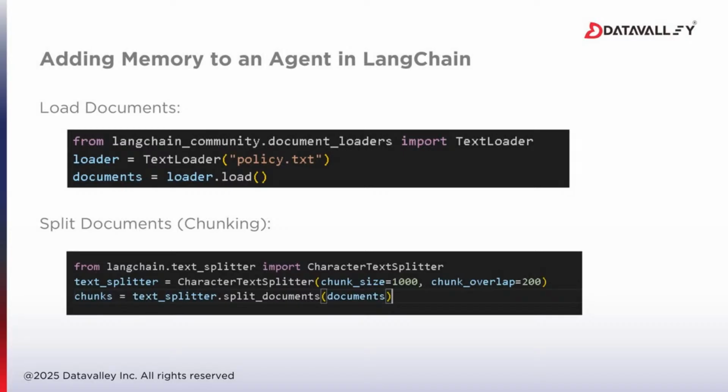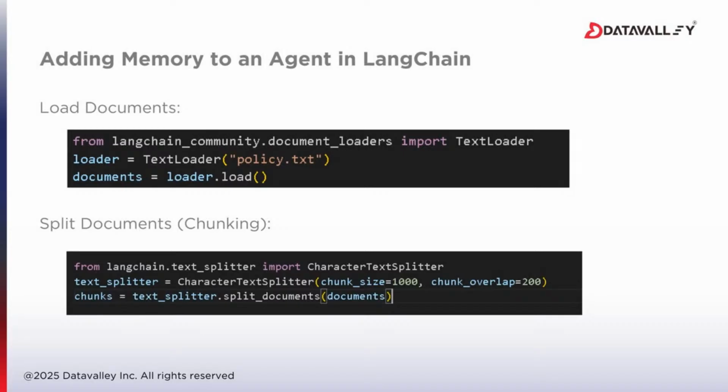In the same way, in the first line we are importing CharacterTextSplitter from LangChain itself. This CharacterTextSplitter is a class designed to break large text into smaller and more manageable pieces based on characters. Here, if you observe, we have mentioned the chunk size is 1000 and the chunk overlap is 200.